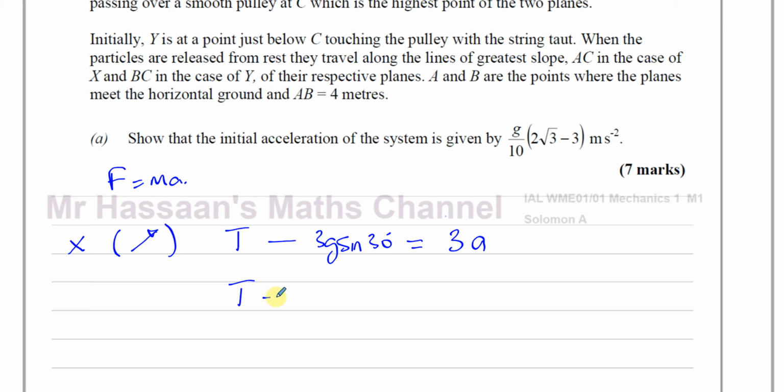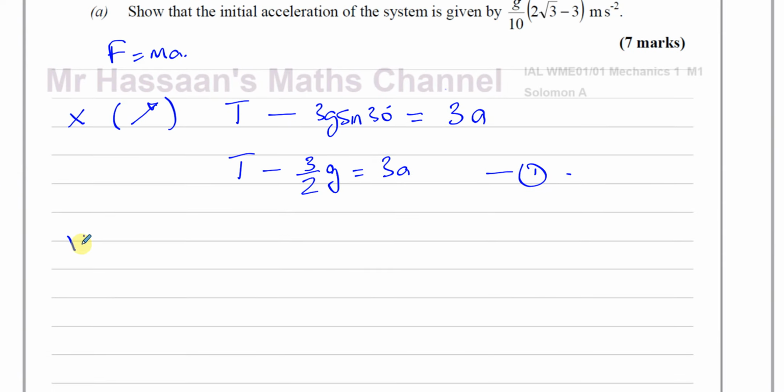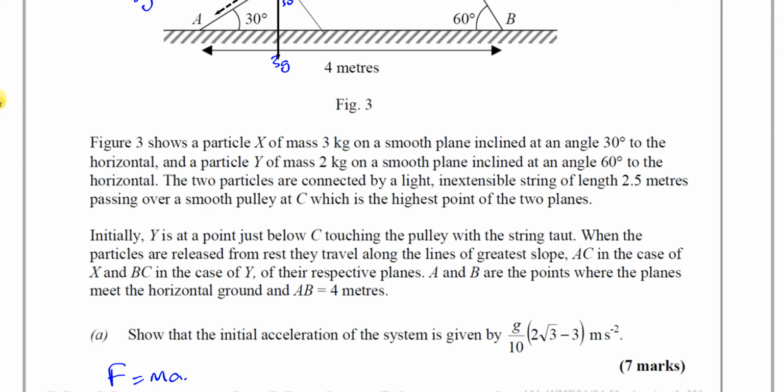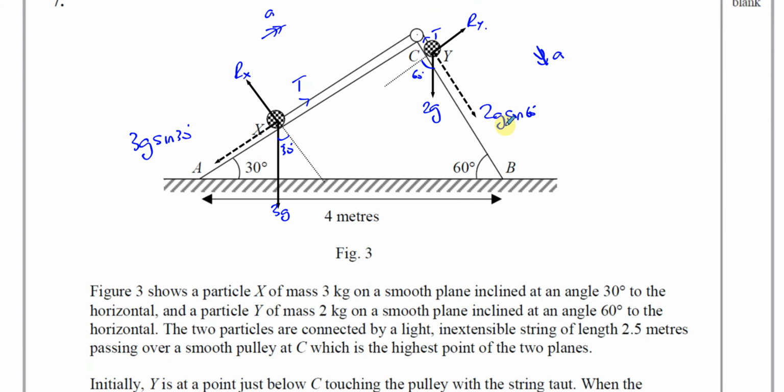Now I can just simplify that. I know that sine 30 is a half. So this is T minus 3 over 2 times g equals 3a. So that's one equation. Then I can also look at the particle Y, which is going to accelerate down the plane in this direction. In that case, you're going to have 2g sine 60 minus T equals ma.